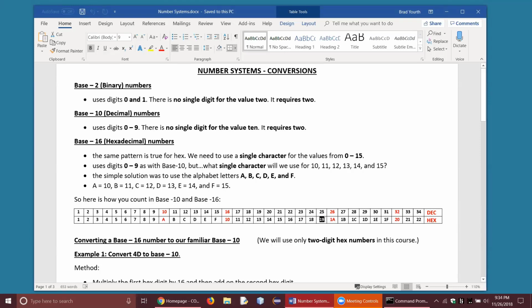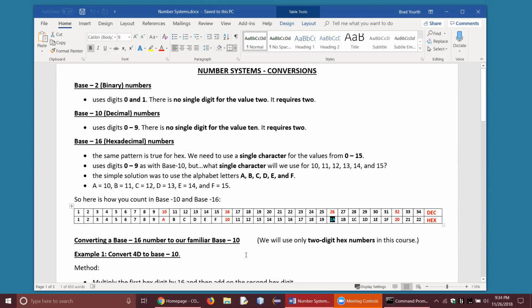And then when you get 1 9, that's 25 in base 10. Well, the next highest number after that is 1A in hexadecimal. Now here's how you have to look at that to understand what that is in our base 10 system. Just remember that the first digit of a 2-digit hex number is multiplied by 16, not 10, because it's a base 16 system.